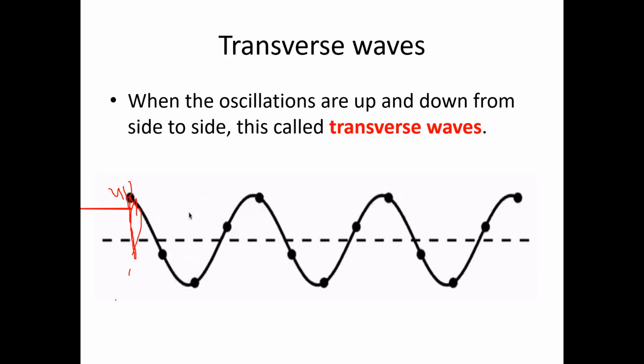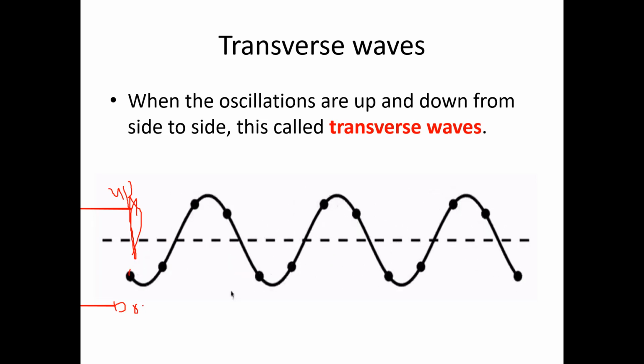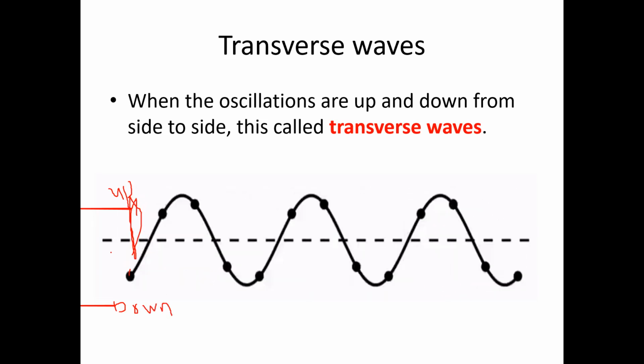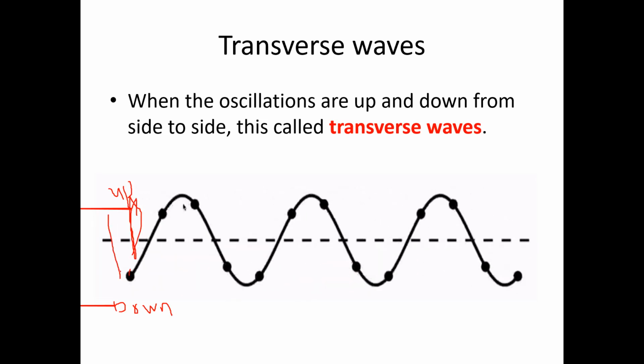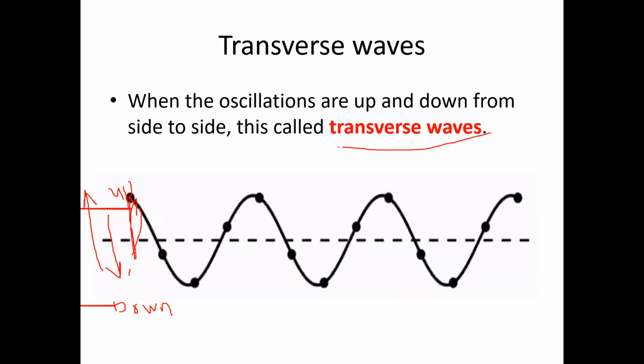So when the oscillations are up and down, from side to side, up, down, from this side to this side, here we have direction, the up and down side. This we call transverse waves.